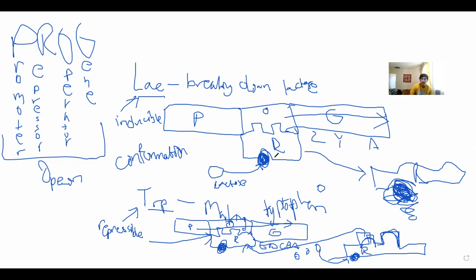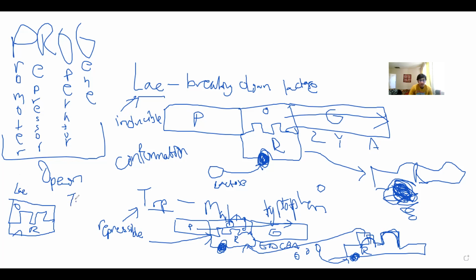The thing you have to remember is that with the lac operon, when lactose isn't present, its natural state is like this, right? In the lac operon, when the repressor is bound to the operator, that means that there is no lactose. Okay, so that's its natural state.